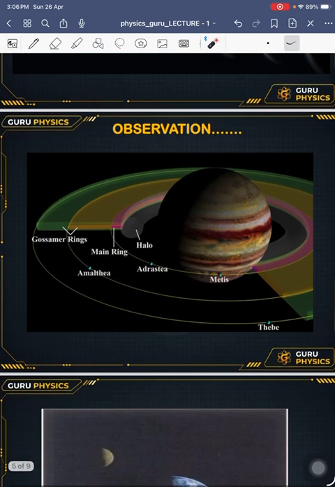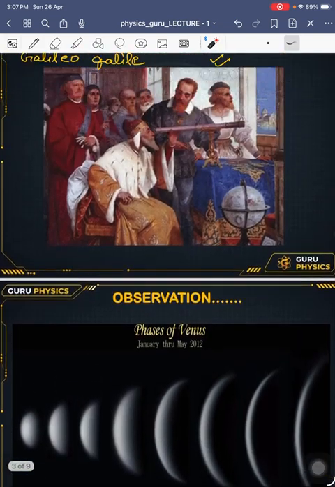He also observed that Jupiter has many moons. This was the early observation of Galileo Galilei.